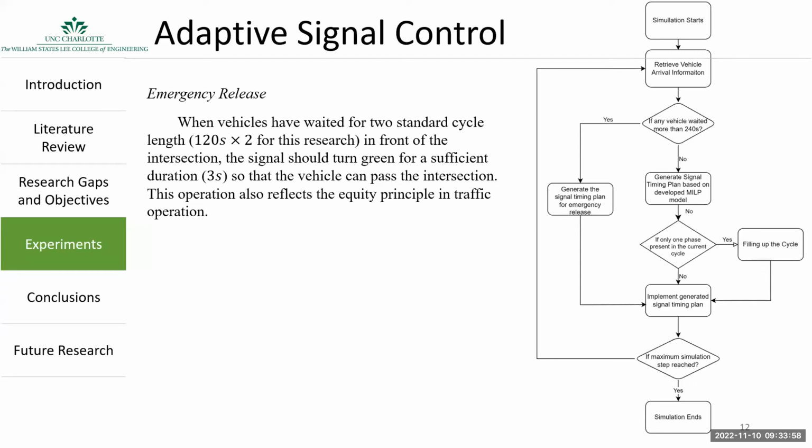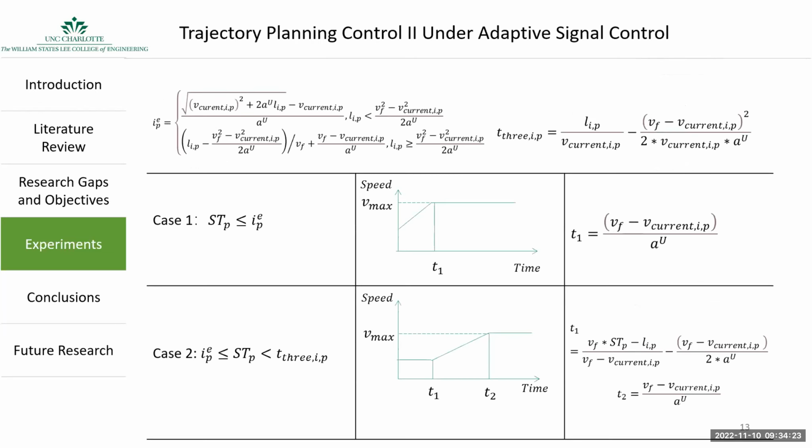So I added an emergency release scheme: when a vehicle has waited for 2 standard cycle lengths, which is 240 seconds, the signal should turn green for a sufficient duration so that the vehicle can pass the intersection, to avoid the spillback and improve the traffic efficiency and equity. That's for the adaptive signal control logic.